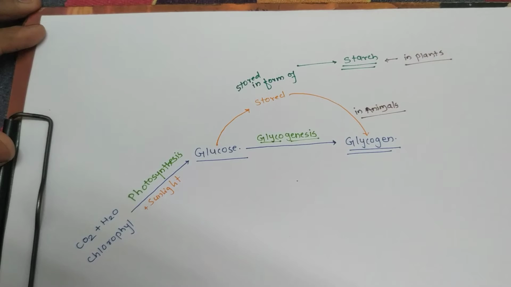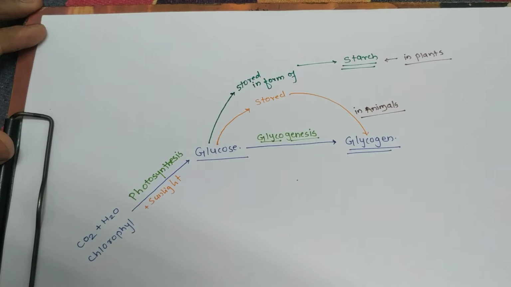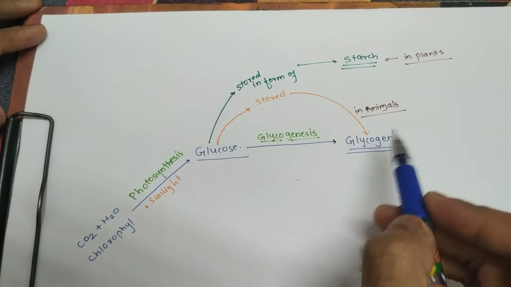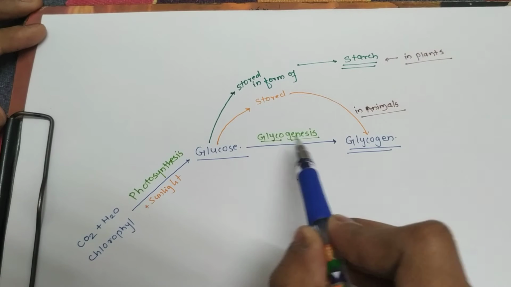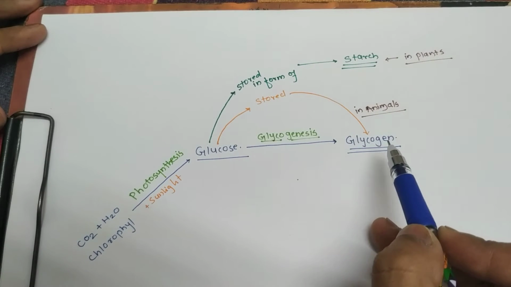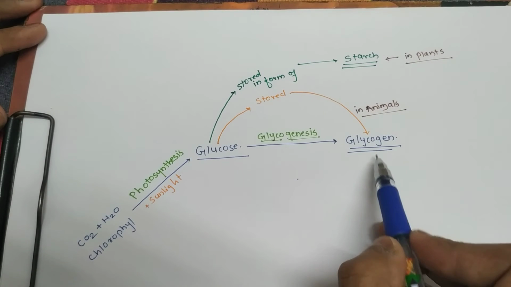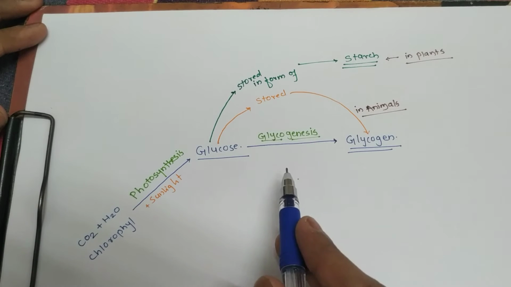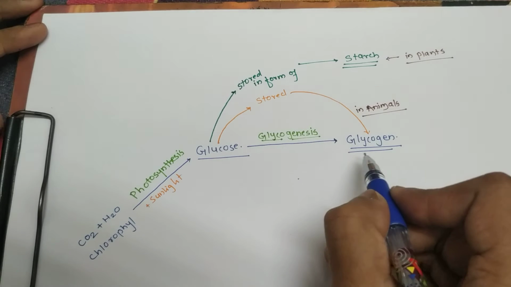Okay, so next point. Now once glycogen is formed, because glucose is stored in the form of glycogen with the help of glycogenesis, then whenever the body or the animal requires the glucose, glycogen needs to be broken down and made available to the cell. So which is the pathway that acts on the glycogen in order to convert glycogen into glucose?